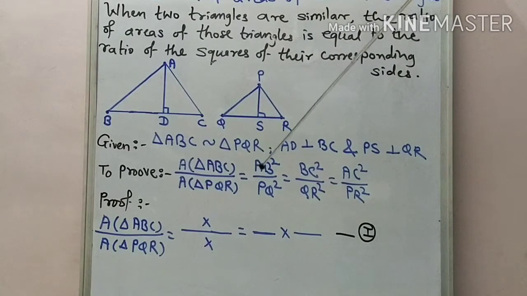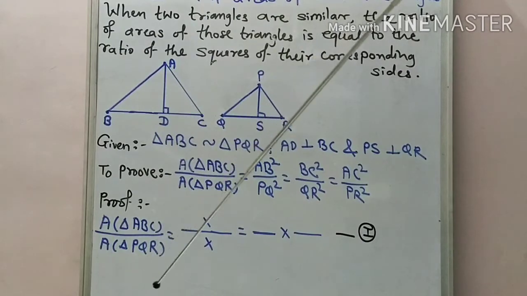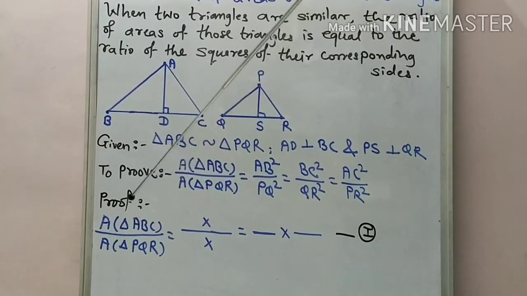It means if we have any two triangles, the ratio of their areas is equal to the ratio of the product of their bases and corresponding heights. Using that property we have to solve this theorem.